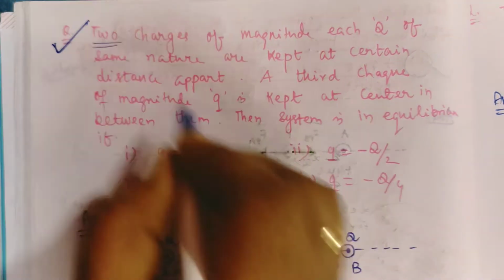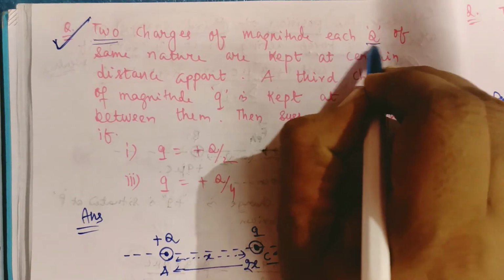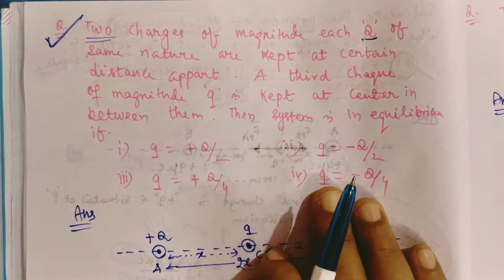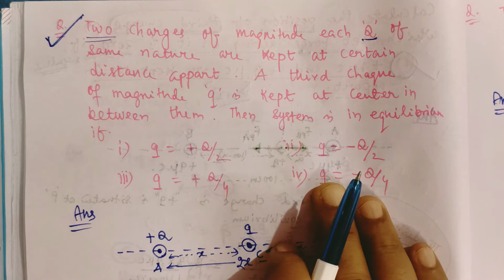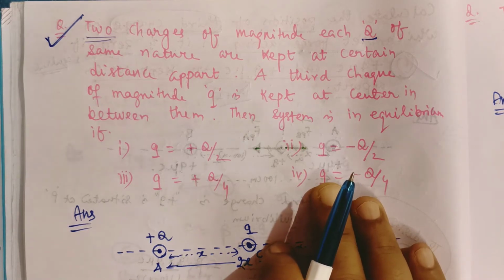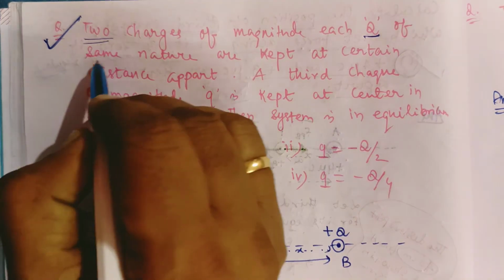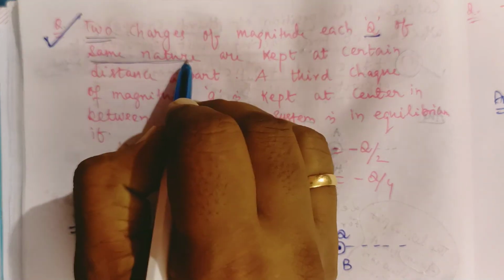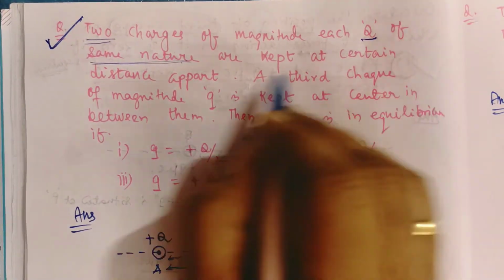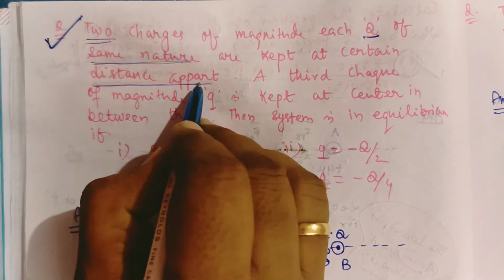Two charges of magnitude each q, may be plus q or minus q, of the same nature, either both positive or both negative, are kept at a certain distance apart.